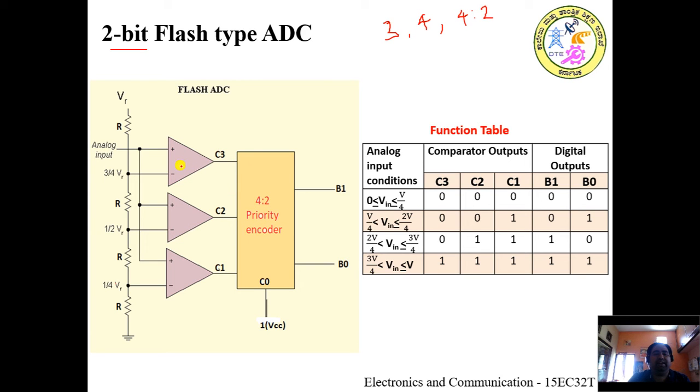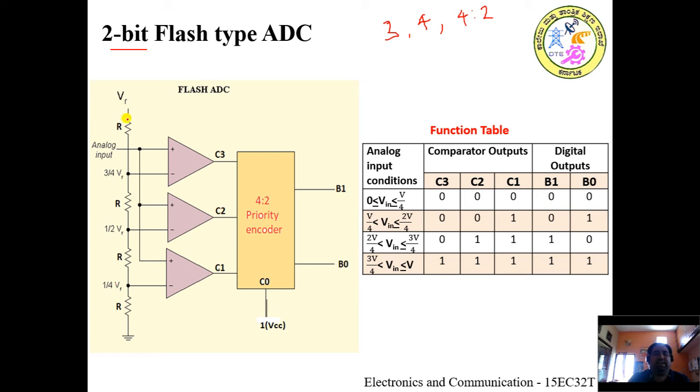And as you can see, the non-inverting inputs of comparator 3, comparator 2 and comparator 1 are shorted together, and to this terminal the analog input is fed. And a set of reference voltages are provided to the inverting terminals of each of these comparators through the voltage divider circuit.